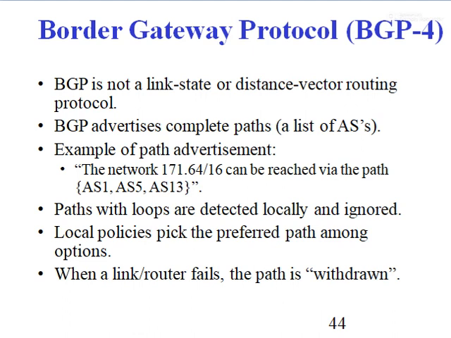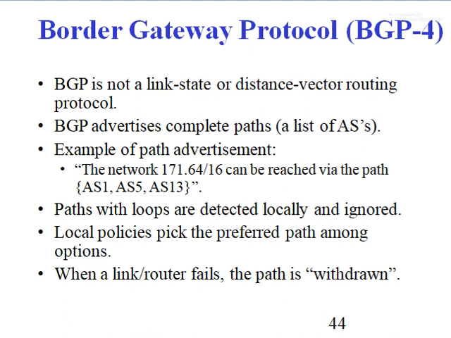BGP neighbors, called peers, are established by manual configuration among the routers through a TCP session on port 179. A BGP speaker sends a 19 byte keepalive message every 60 seconds to maintain the connection. Among routing protocols, BGP is unique in using TCP as its transport protocol.